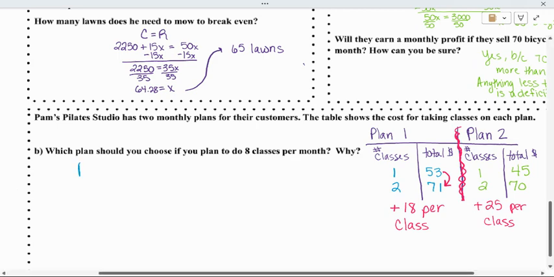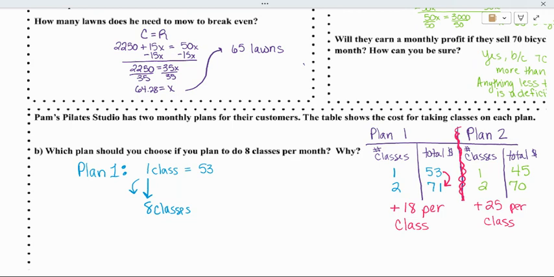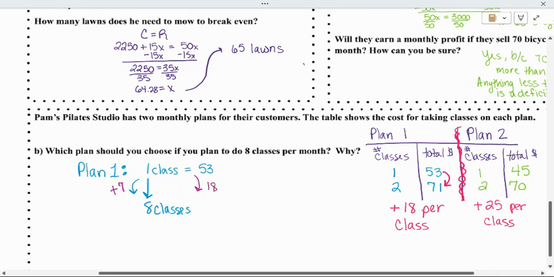Let's see. If I think about plan 1, I know that 1 class equals $53. And if I want to go to 8 classes, what is my change here? How much am I adding on this side? 1 plus what is 8? 7. Adding 7. And we know that the increase for the number of classes is $18.